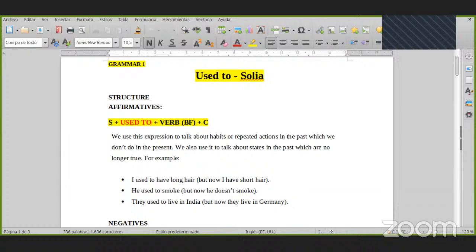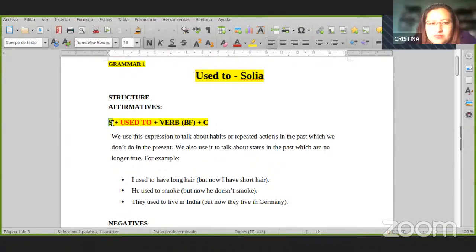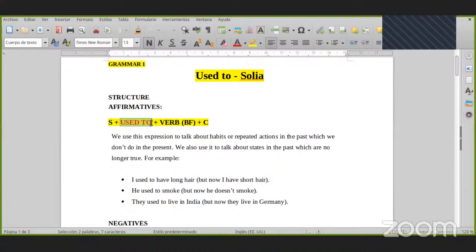So let's see the structure. The auxiliary that we have is used to. We always start with the subject, then the auxiliary used to, the verb in base form, and the complement. We use it to talk about habits or repeated actions in the past, and some actions that we don't do in the present.